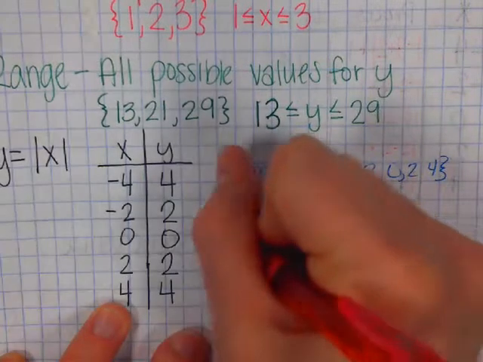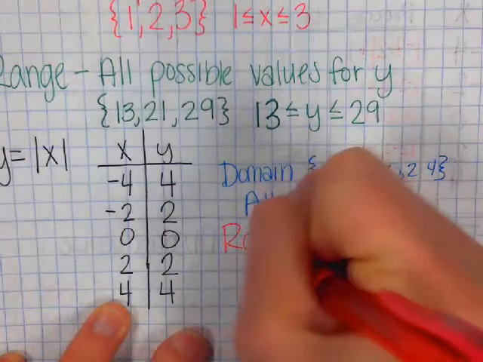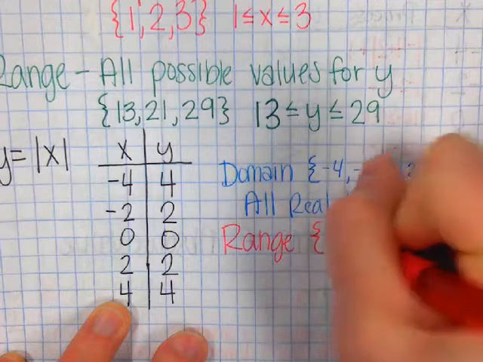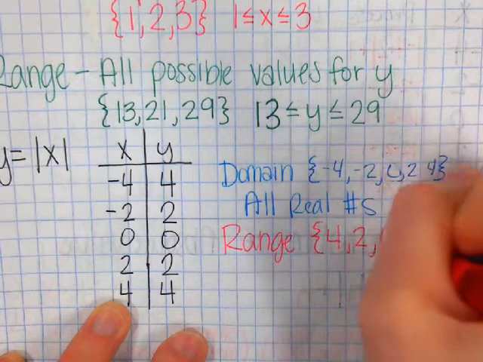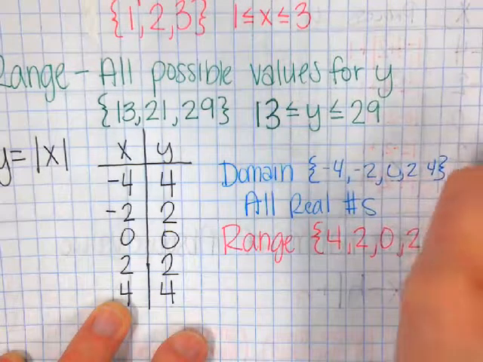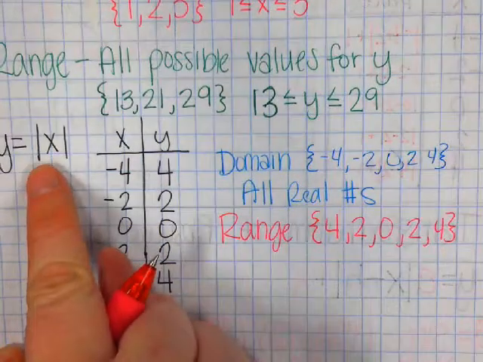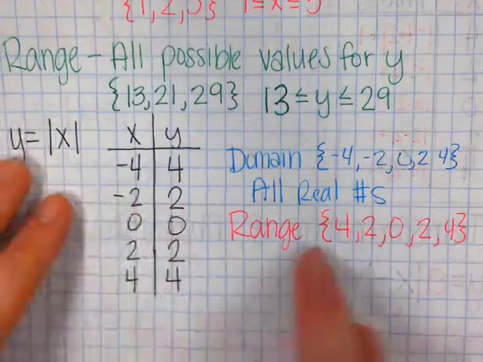Now if we look at the range, let's go ahead and list those: 4, 2, 0, 2, 4. And you're always writing it for the equation that you're actually looking at.